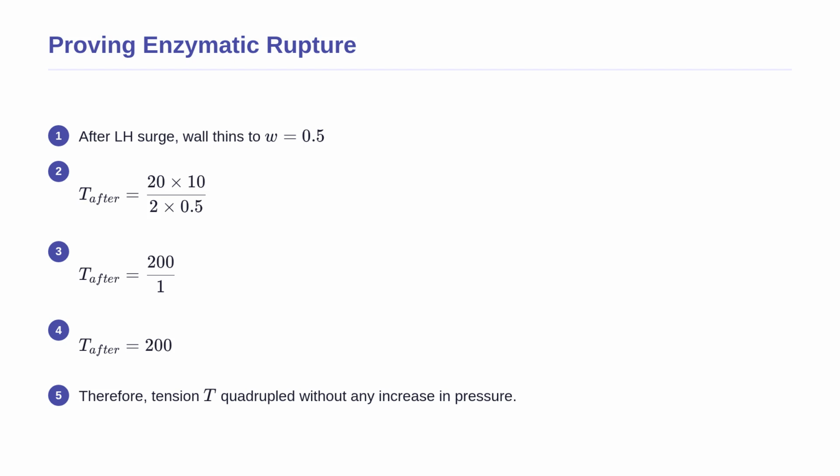We substitute the new wall thickness into the denominator, which now becomes 1. 200 divided by 1 gives 200 units of tension. The tension tearing at the tissue has quadrupled simply because the wall became thinner. This massive spike exceeds the tissue's mechanical strength, causing ovulation.